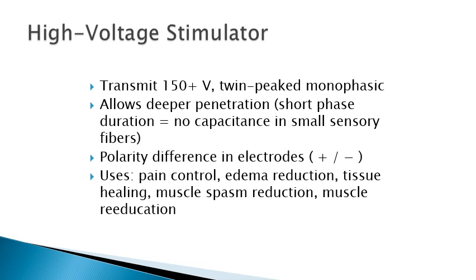Most of the time if you're doing edema reduction with electrical stim, you're trying to get a motor response or a muscle pump, to help the lymphatic system remove the edema. With high volt, you can do a monopolar negative treatment over the area to theoretically possibly get some edema reduction from that. We'll talk about why that occurs on the next slide.